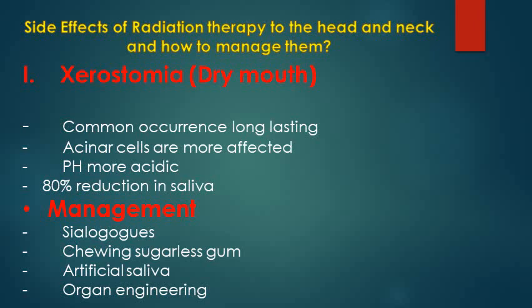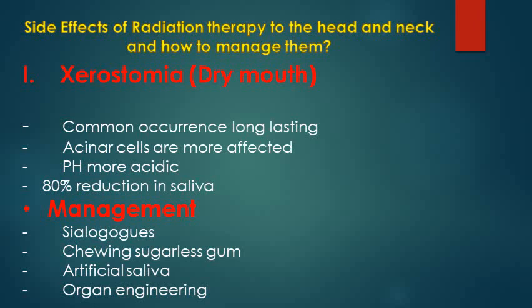There are many side effects of radiation therapy to the head and neck. For example, xerostomia, or dry mouth. It is a common occurrence and long-lasting. The salivary gland has acinar cells and mucus-producing cells. The acinar cells are more affected by radiation than the mucus cells. The pH will be more acidic and there is an 80% reduction in salivary flow. How to manage it?